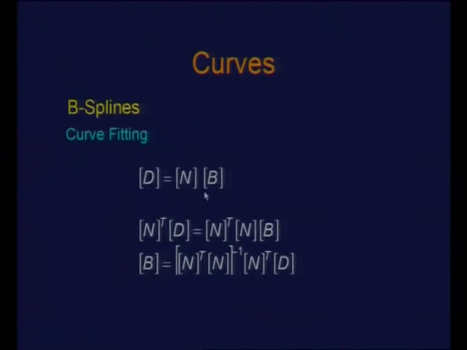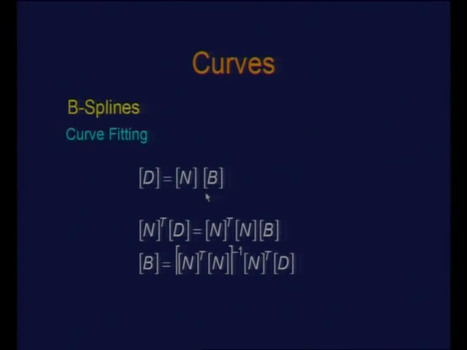D is equal to N B in the matrix form, where D is the vector of the data points, N is the matrix formed of the basis functions N i,k, and B is the set of control points.